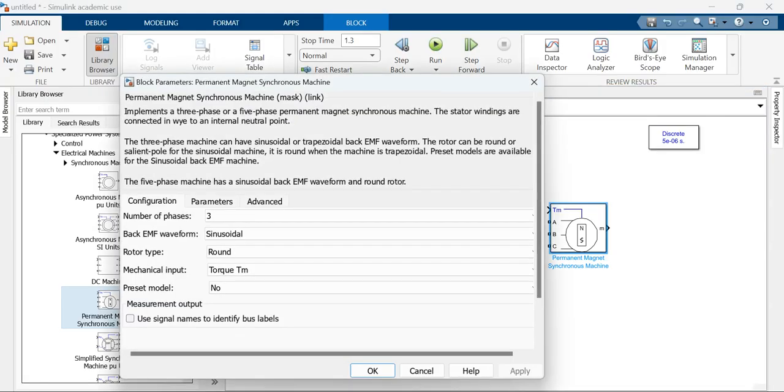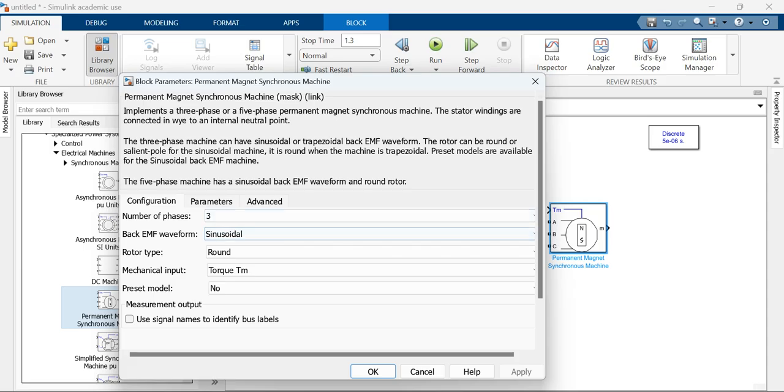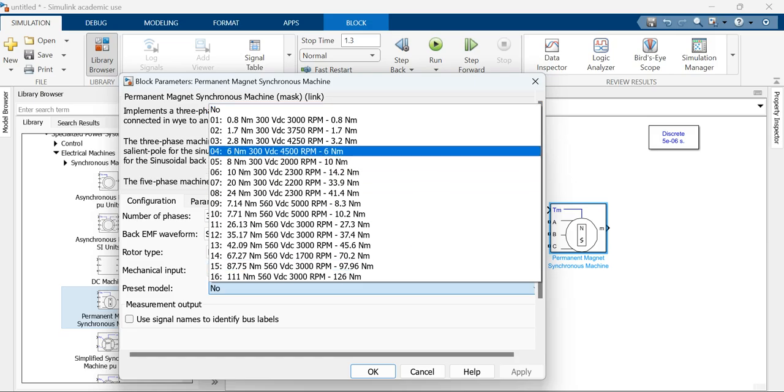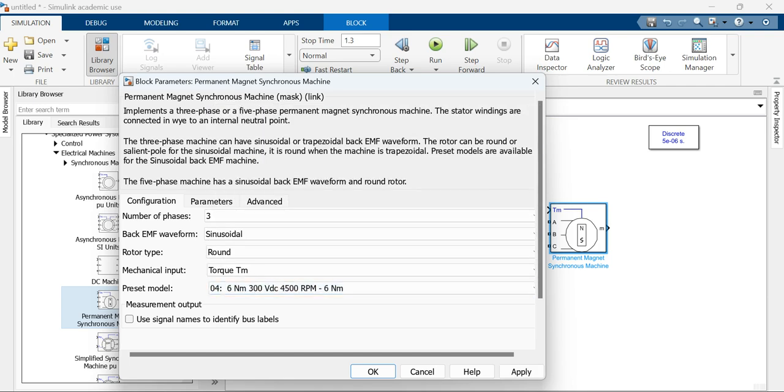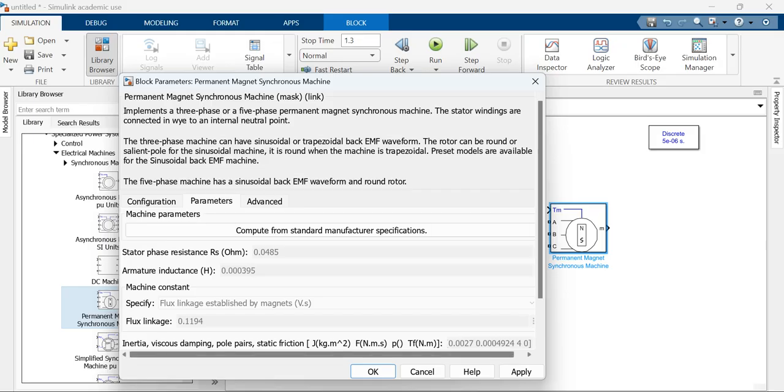So let me double click on this, and the back EMF waveform is sinusoidal, rotor type is round rotor, mechanical input is torque, and for preset model, let me take 6 Newton meter, 300 volt, 4500 RPM, the fourth preset model which is already available, and the parameters of all that is given here.